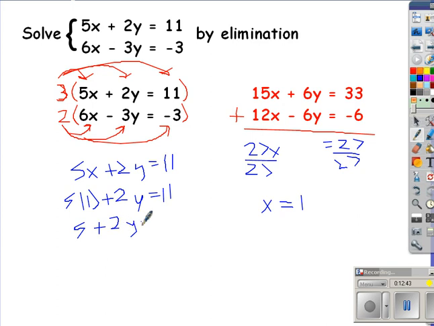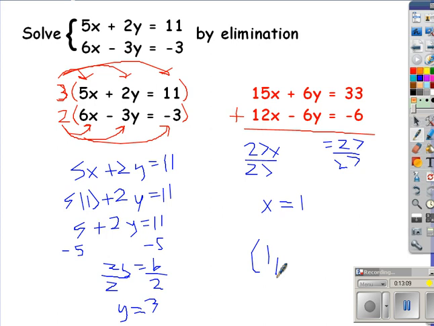Subtract 5 from both sides. So 2y ends up equaling 6. You can divide both sides by 2. And y equals 3. So I've solved for x, I've solved for y. My final answer again, an ordered pair, x, then y. And I have my solution.